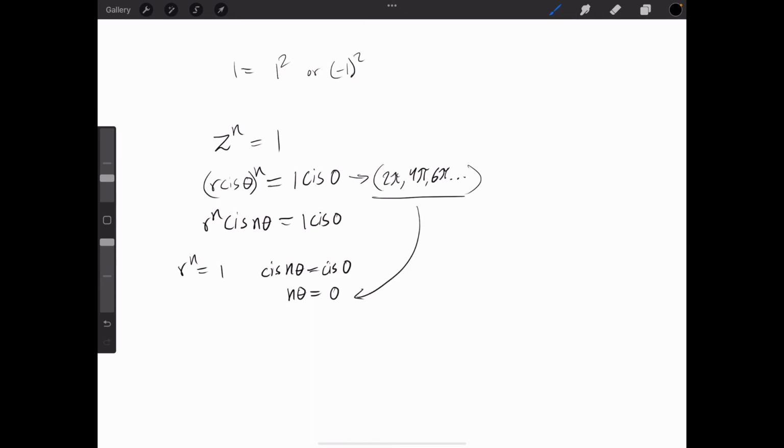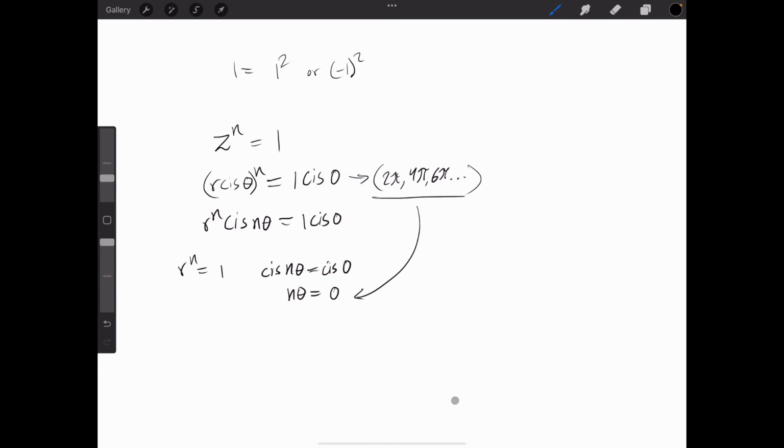These can also be substituted into this equation to find more solutions. So r to the n is equal to 1, and you solve it. If the exponent is a specific number, then it matters how you solve it.